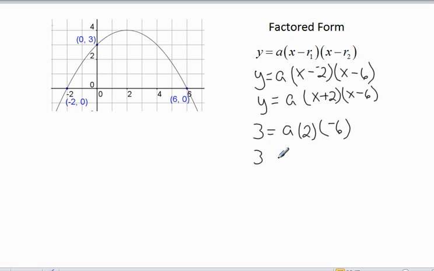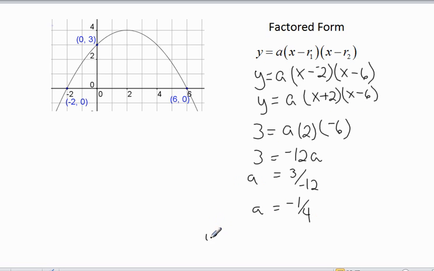So now I have 3 is equal to, and this is a -12, -12a. That tells me that a is equal to 3 divided by -12. I simplify my fraction. It tells me a is -1/4. Same thing I got the last time.